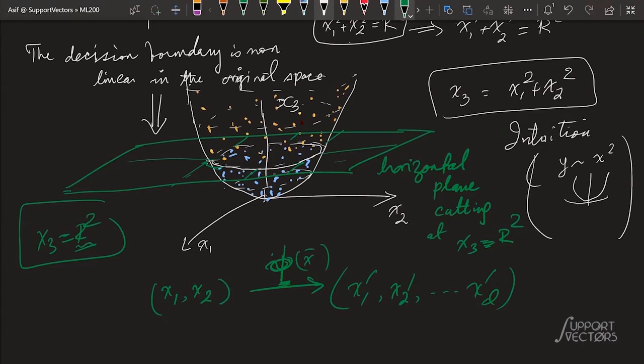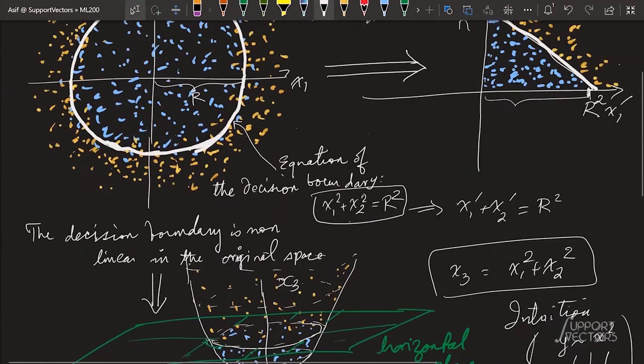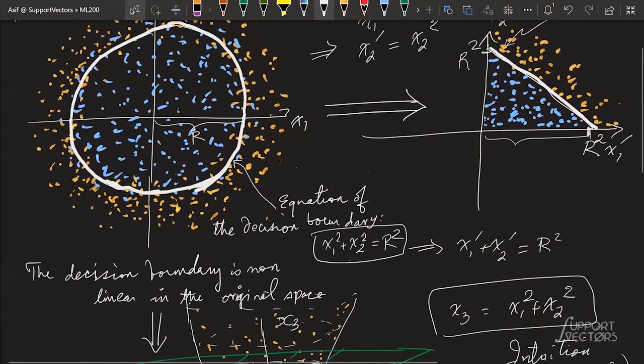Asif, it was a little difficult to grasp the three-dimensional thing. So for me, intuitively, it was a paper, like a rubber platform. I folded it into a nice parabola. So x1 square plus y1 square equal to r square was the initial two-dimensional circle. So at a distance of r from the center is where the decision boundary is.